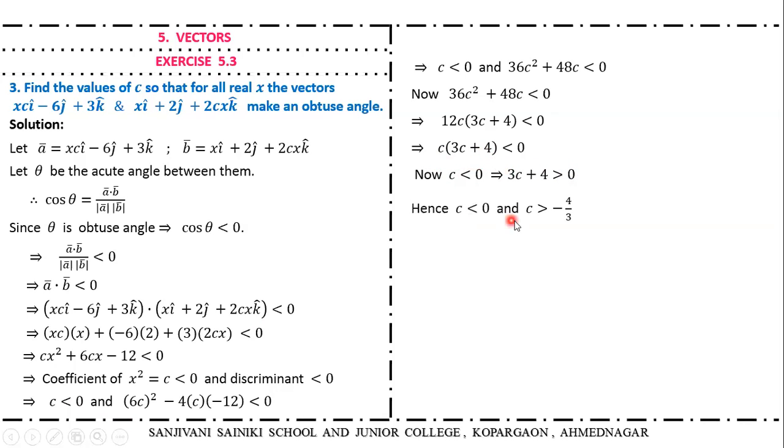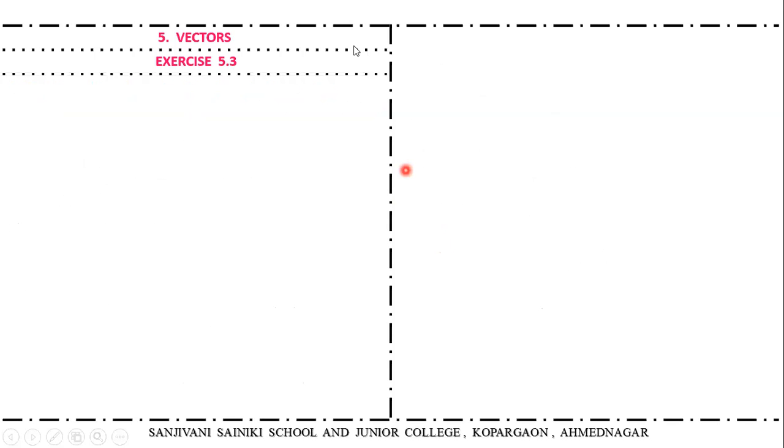Now c is less than 0 and c is greater than minus 4 by 3. Combining these two inequalities, we get minus 4 by 3 less than c less than 0. That means c belongs to the open interval minus 4 by 3 to 0. All values which lie in this interval will satisfy the given conditions.